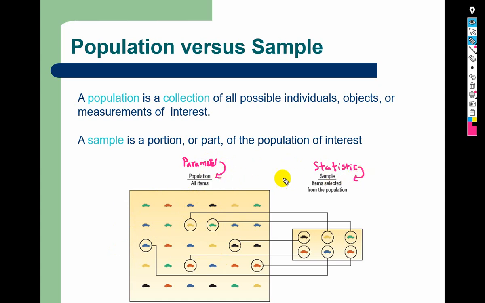Later on, I need you actually to know the difference between parameter and statistics. So assuming now, if you calculate the average of the car's life, assuming you need to calculate the average of the car's life from a population data, that average I will name it as parameter. In the same side, if you calculate the average of the car life from sample data, then we name it as statistics.